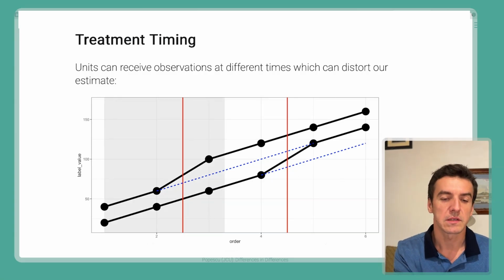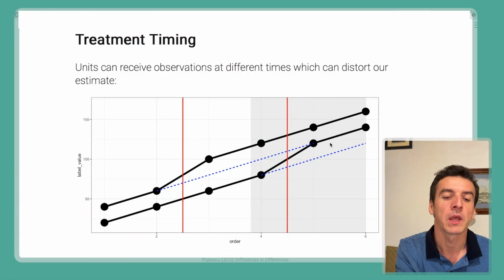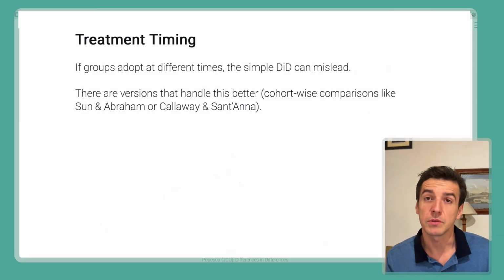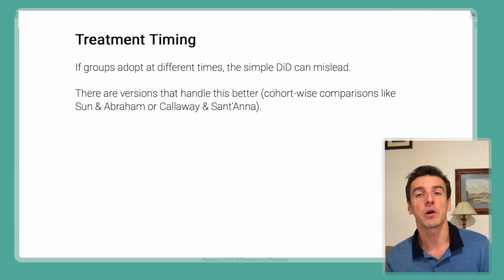There are specific things that we can do. So once again, this is an intervention and this is another intervention. To handle these kinds of situations, we can use cohort-wise comparisons, Sun and Abraham, or Callaway and Sant'Anna. This is something more advanced that I'm not covering in this lecture.